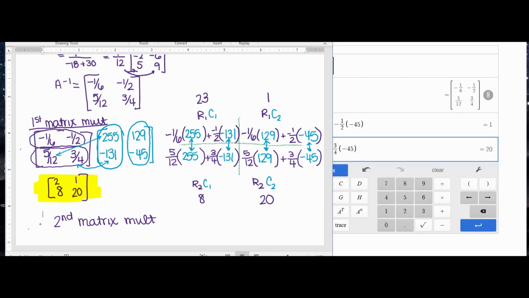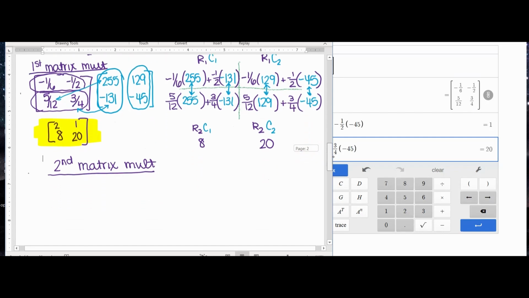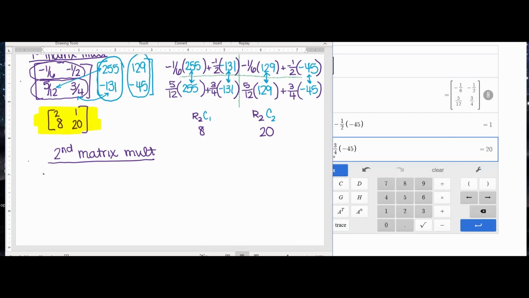Okay. Now, if this whole 2 by 2 is throwing you for a loop, there is a way around this. You can take your A inverse and break up your second matrix.